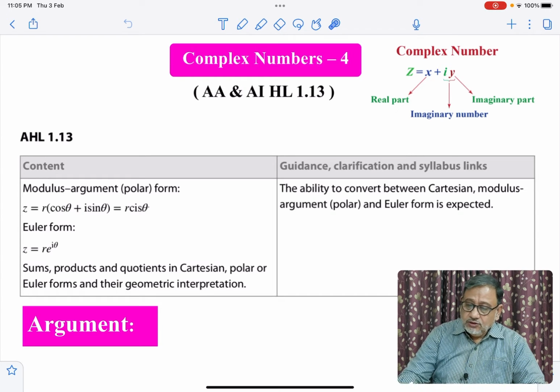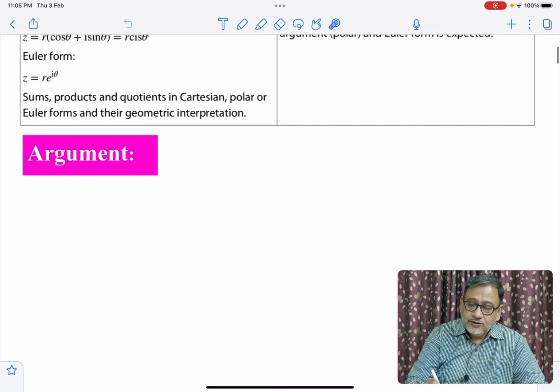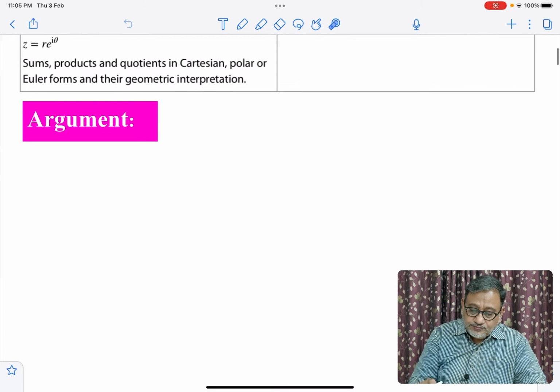So look here, what is an argument? An argument is actually the angle. So let me draw the x-axis and y-axis.